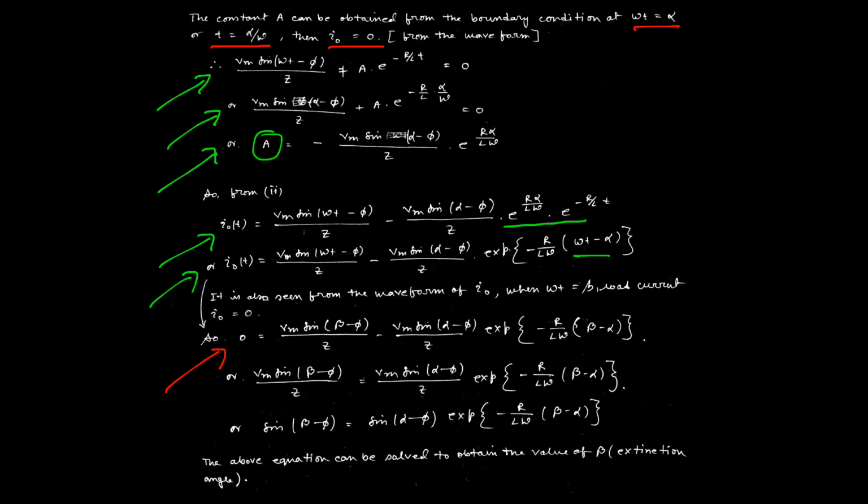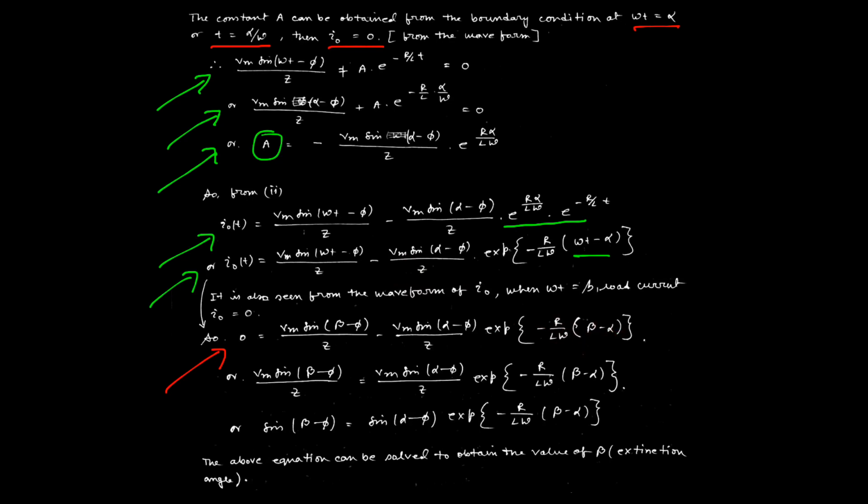We are replacing this part omega t by beta, as we assume omega t equal to beta, then I0 equal to 0, that means 0 equal to Vm sin (beta minus alpha) by z minus Vm sin (alpha minus phi) by z, similarly the same expression, and exponential of minus R by L omega into (beta minus alpha).